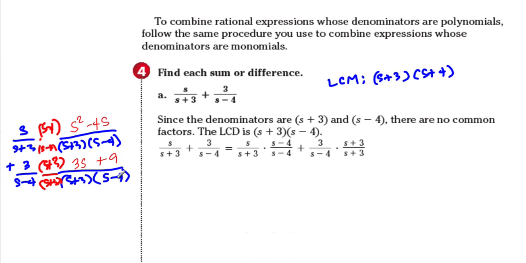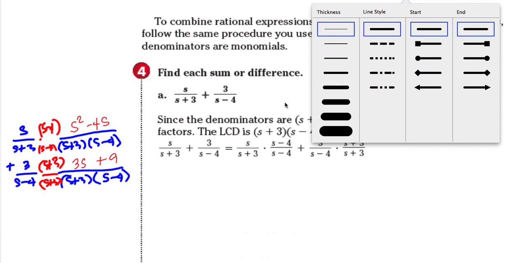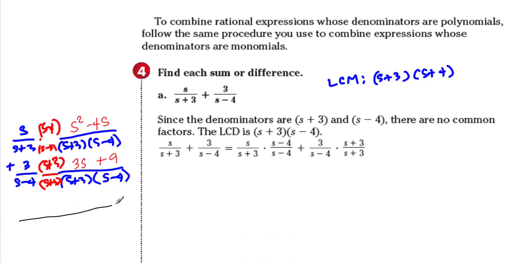And then we rewrite the entire thing with a common denominator of s plus 3 times s minus 4. Then we copy the numerator and add them all up. So you now have s squared minus 4s plus 3s plus 9.